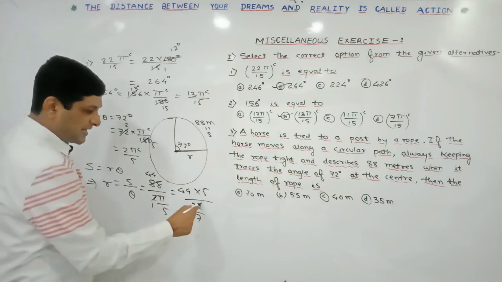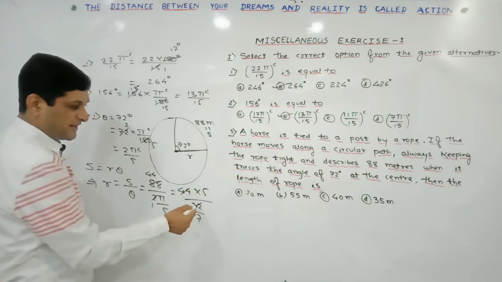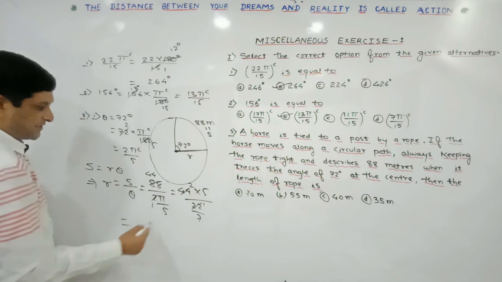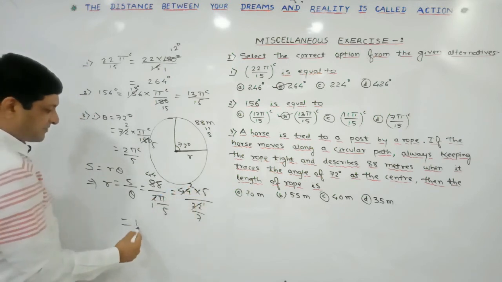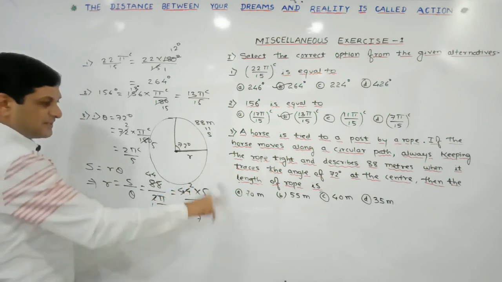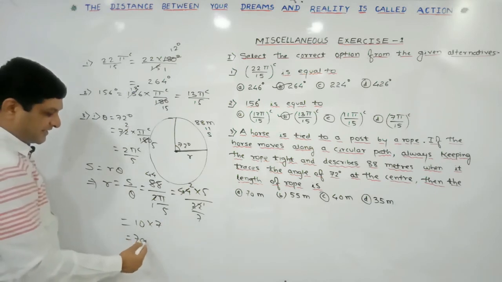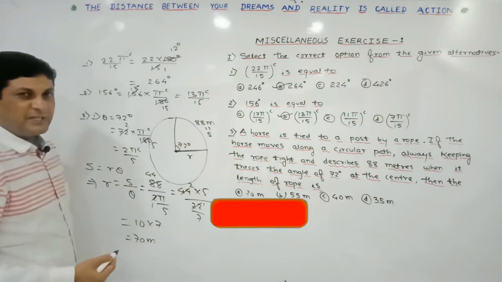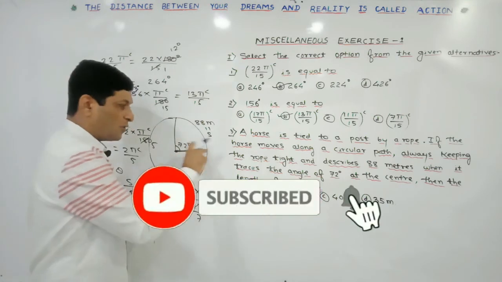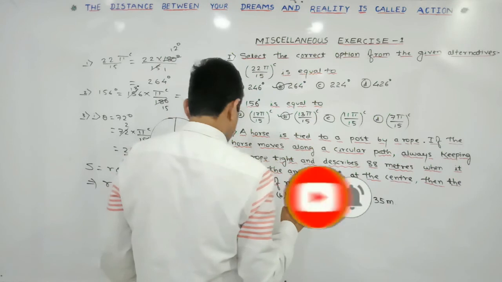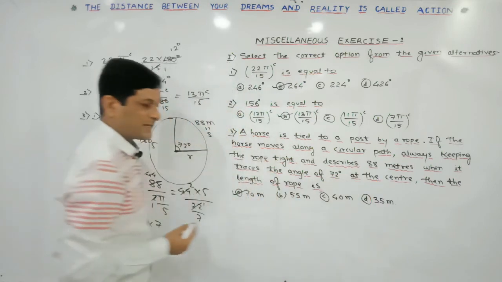Again we can observe that these two numbers are divisible by 22, 22 ones are 22 and 22 twos are 44. So which is equal to, in the numerator 2 into 5 will be 10, and this 7 we can shift to the numerator, so it will be equal to 70 meter, the length of this rope, which means the radius of this circle. So here 70 meter will be our correct answer.